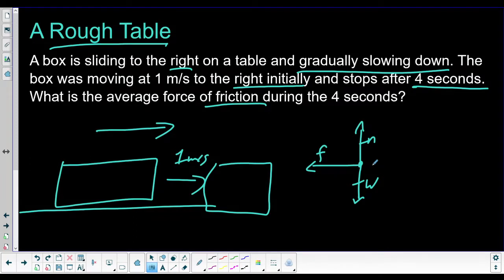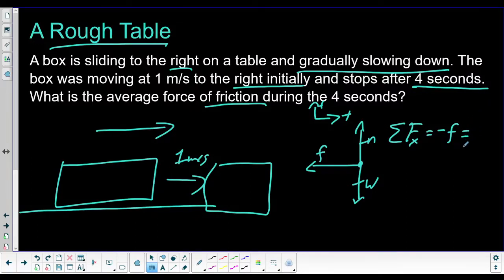So let's go ahead and set up our sum of forces equation. So our sum of forces in the x direction are equal to just negative friction. And I'm making it negative because I like to say to the right is positive and up is positive. So left, I'm going to make that thing negative. All right.